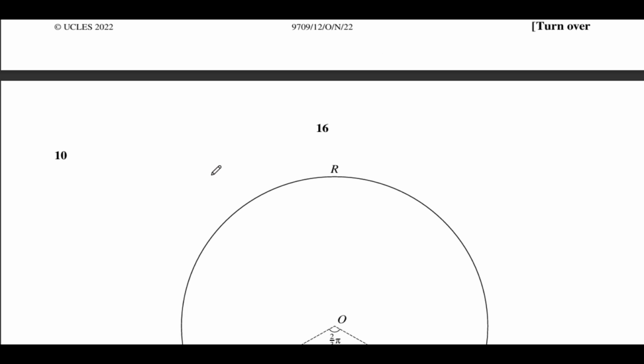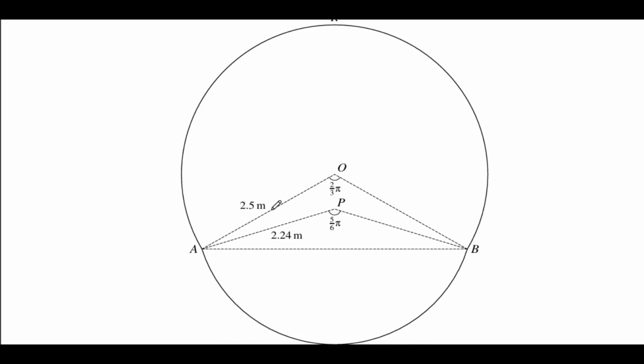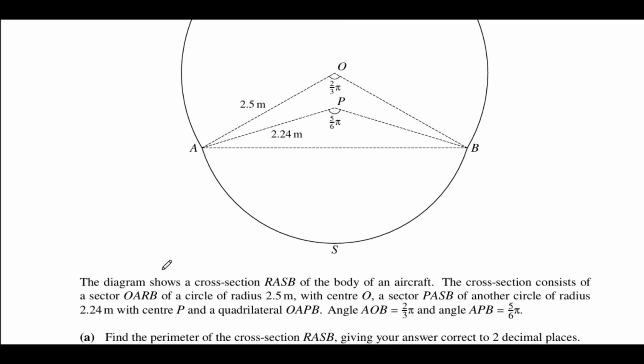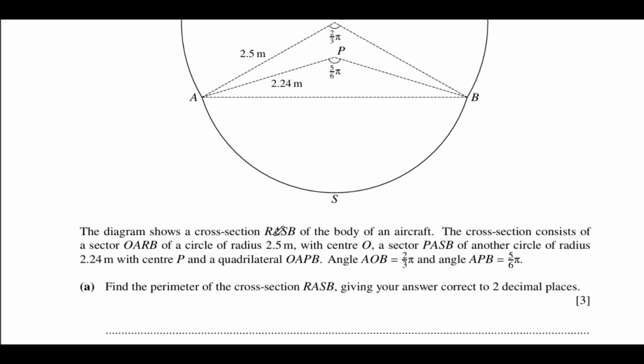So next, a very important question, question number 10, a difficult one, in which we are given two circles that coincide with each other. Let's read the question. The diagram shows a cross section RASB of the body of an aircraft.